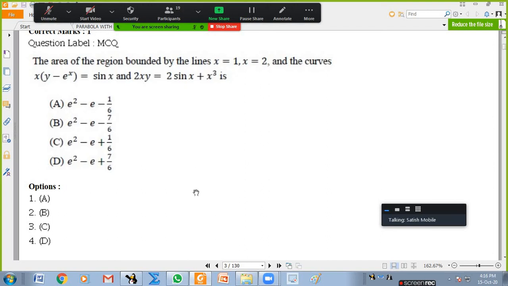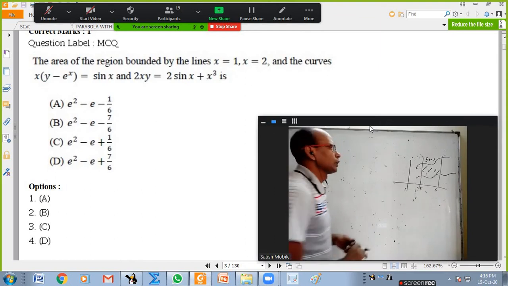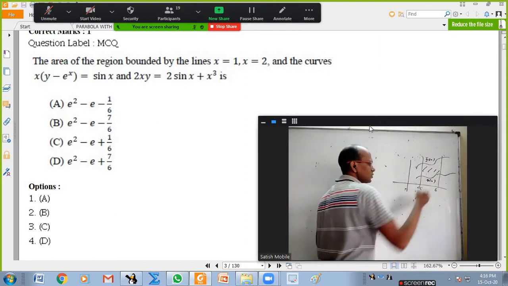Whenever you want to find the area between two curves, you have to identify which is the upper curve and which is the lower curve. If you want to find the area between A and B, let's say this curve is f of x and this curve is g of x.